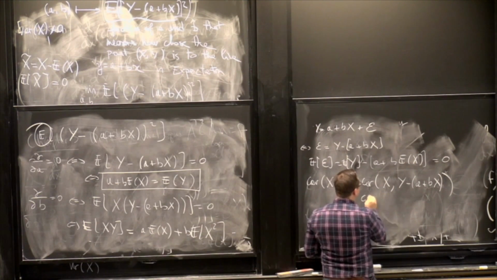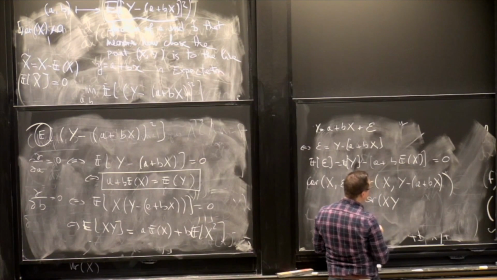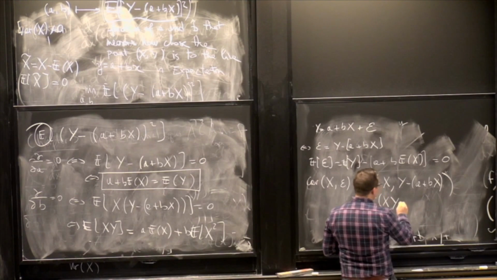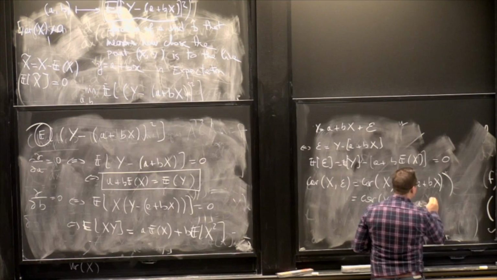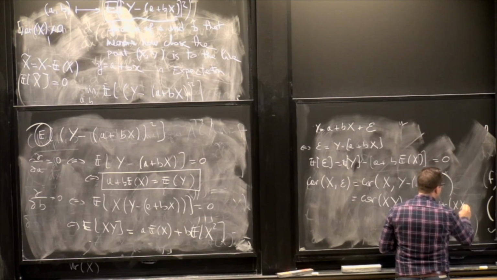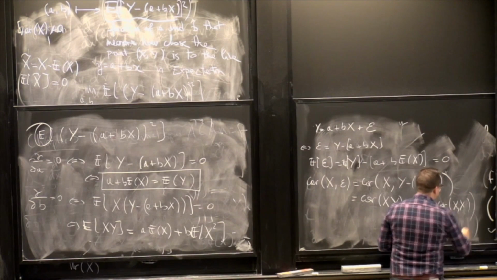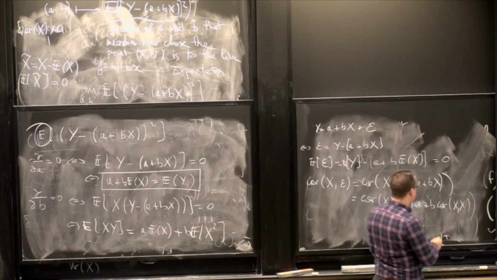So what I have is that the covariance of this is the covariance of x and y minus (a plus b) times the covariance of x and x, which is the variance of x.